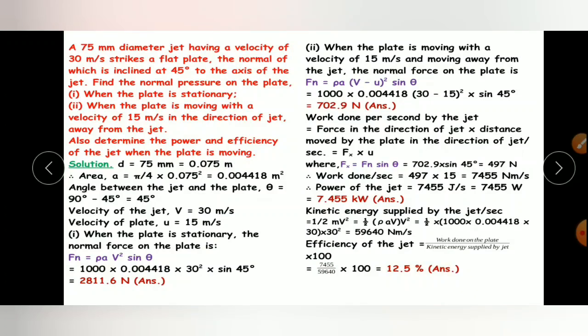The summary of answers: when the plate is stationary, normal force acting on the plate equal to 2811.6 Newton, and when the plate is moving with a velocity of 15 meter per second, the normal force on the plate equal to 702.9 Newton, power of the jet equal to 7.455 kilowatt, and efficiency of the jet equal to 12.5%.